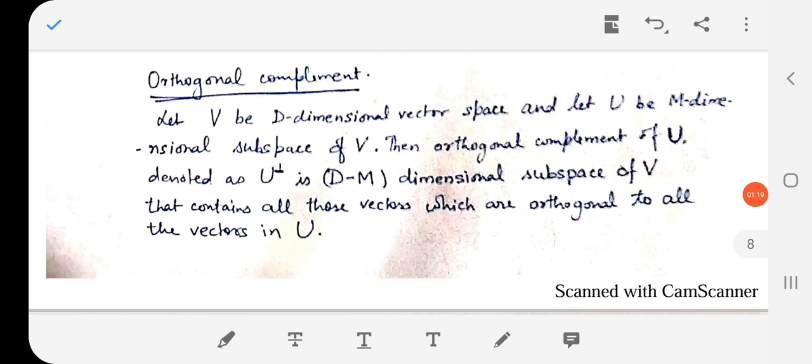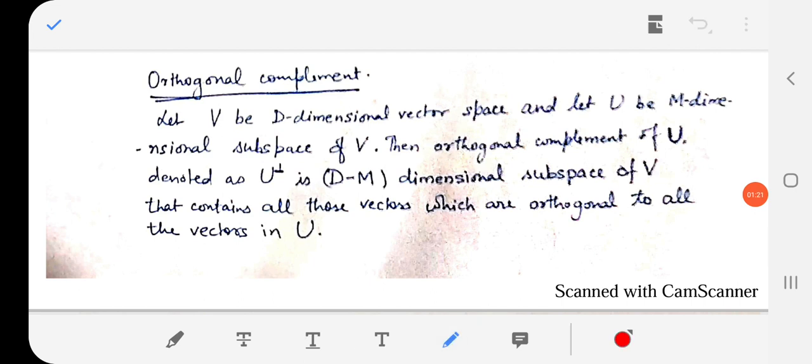Let us suppose you have a vector space V, a d-dimensional vector space, and U is an m-dimensional subspace of V. For example, say R3 is the space that you are talking about, and the x-axis is the subspace U. What is the orthogonal complement of this particular subspace?